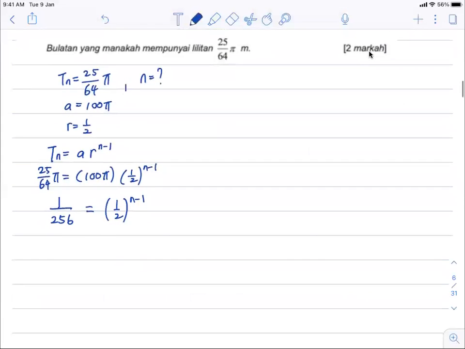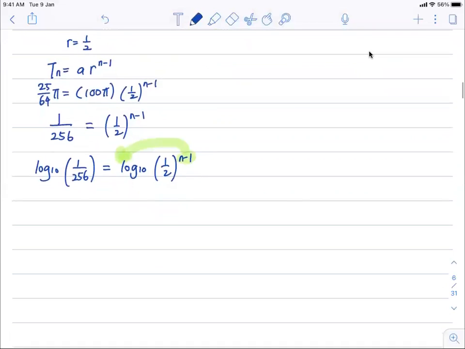So to find n, we need to add log to both sides. So log 10 1 over 256 equal to log 10 1 over 2 power of n minus 1. After we add log, we can bring this power to the front by a logarithm rule. So it becomes log 10 1 over 256 equal n minus 1 multiplied by log 10 1 over 2.